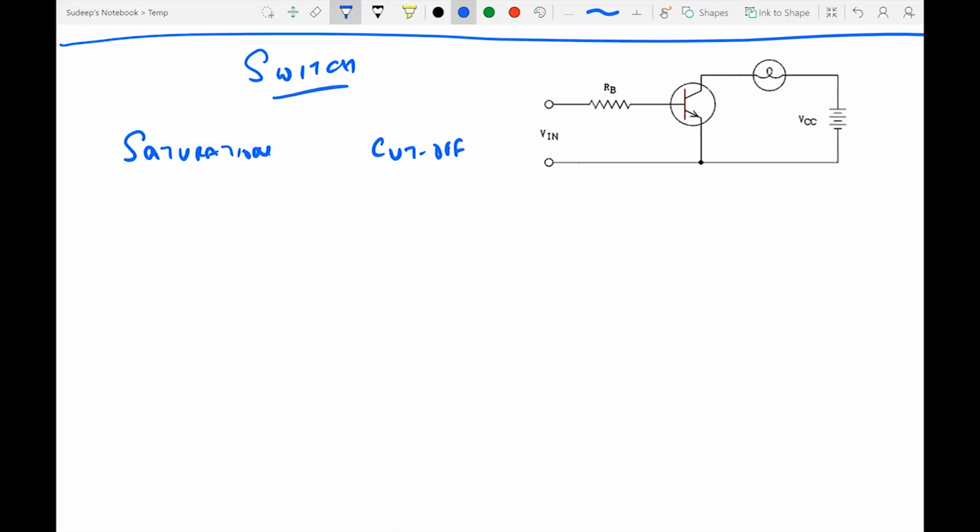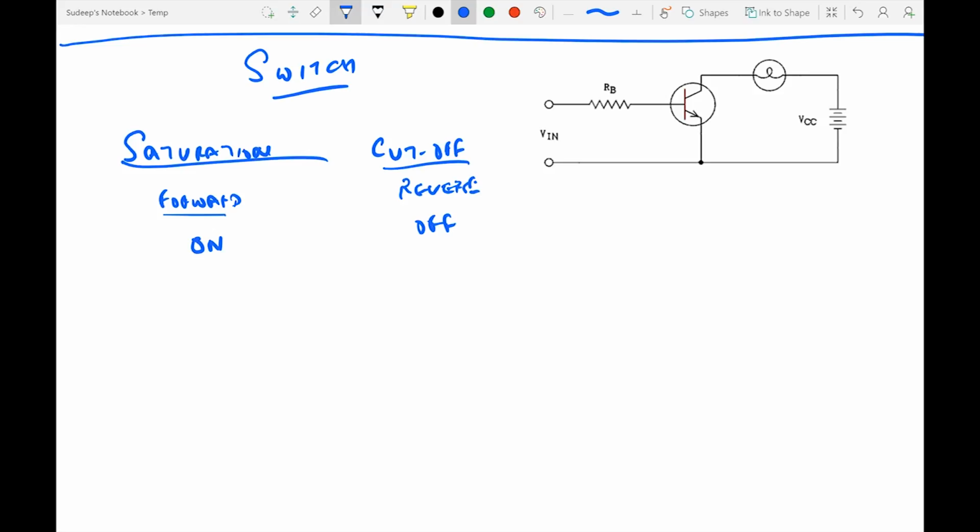In case of cutoff, we put both the junctions into reverse bias, and in case of saturation mode, we put both of them into forward bias. So in forward bias the currents would flow, and in saturation mode the transistor would act like an on switch. In case of cutoff, it would act as an off switch.